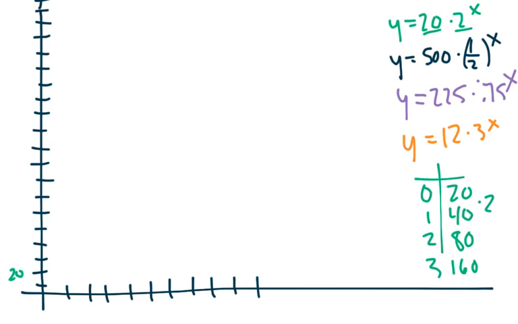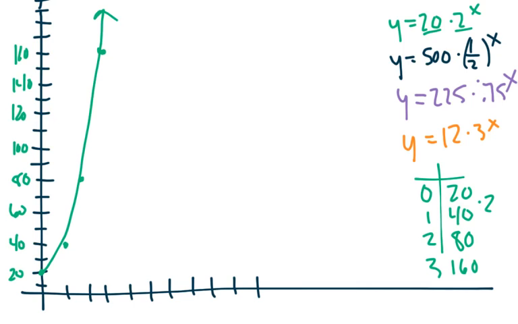So that would be 20, 40, 60, 80, 100, 120, 140, and 160. So at 0 we'd have 20. At 1 we'd go up to 40. At 2 we'd go up to 80. So you can see I'm getting that curvature now. 3 clear up to 160, and so on. So we draw our line, and that's how it would look for that one.